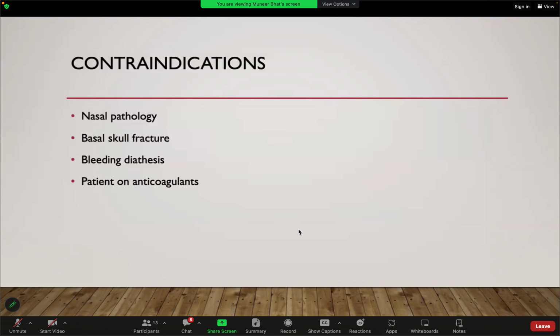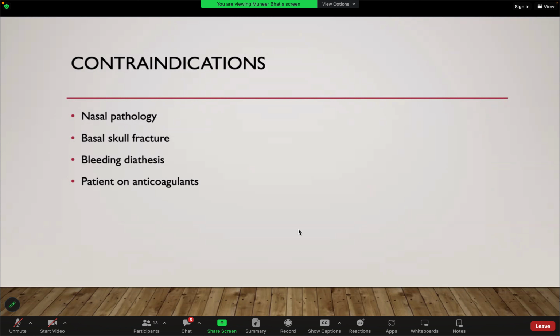Now, what are the contraindications that can be asked in your exam? If a patient has nasal pathology, a problem in the nose, you should try to avoid it. If there is a basal skull fracture, you should try to avoid it. If there is a bleeding tendency, you should try to avoid it. And if the patient is on anticoagulants, that is one of the contraindications; you should not put this nasopharyngeal airway.